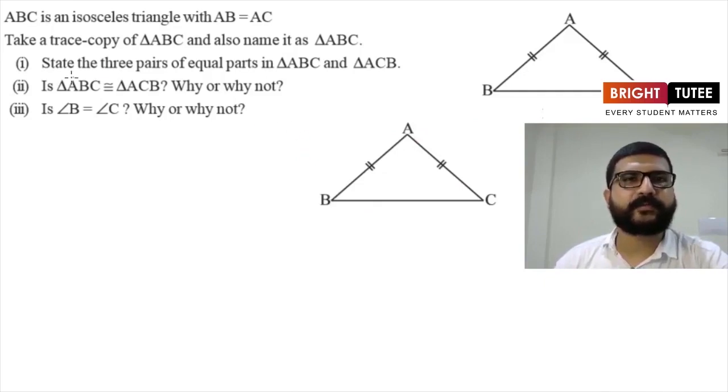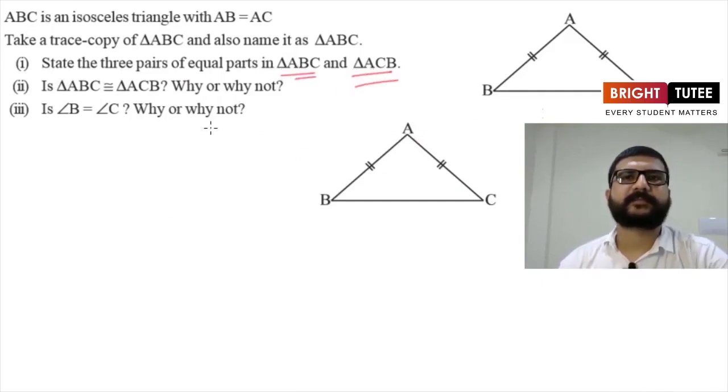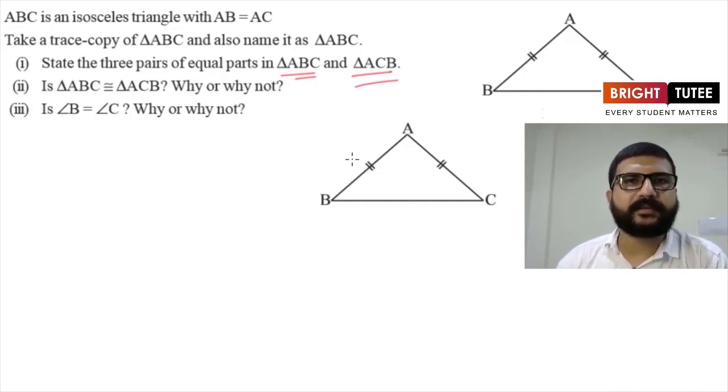Now what we have to do is tell three pairs of equal parts in triangle ABC and triangle ACB. So what we are doing actually from here, we can just flip this copy of triangle ABC. When we flip it along the point A, we will get this vertex C here.